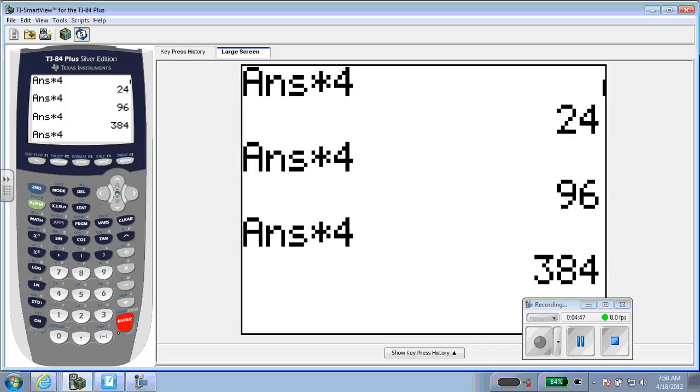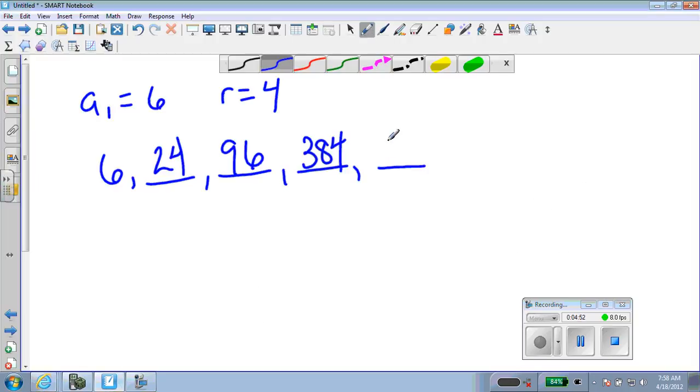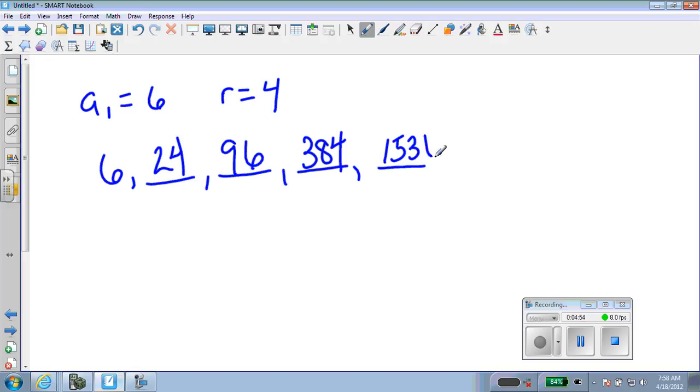And I'm going to multiply that by 4. 1536. Because they're exponential in nature, they're getting really big really fast. So let's write our functional formula, a sub n, starting from 6. We're multiplying by 4, n minus 1 times.